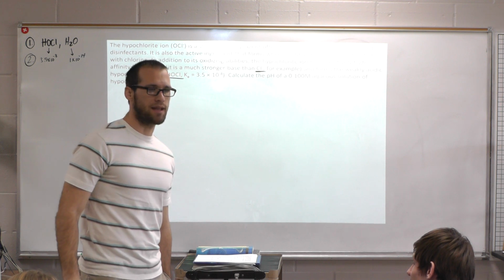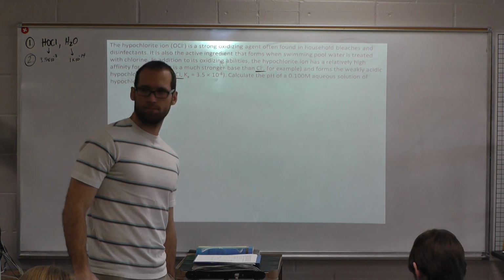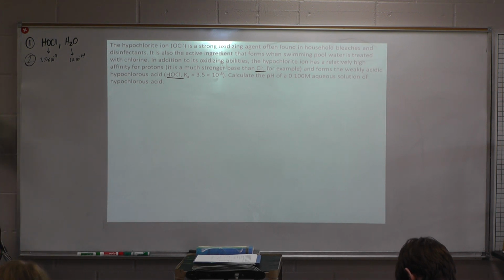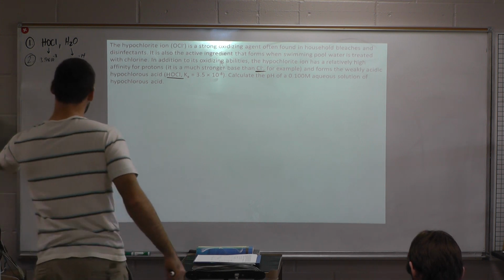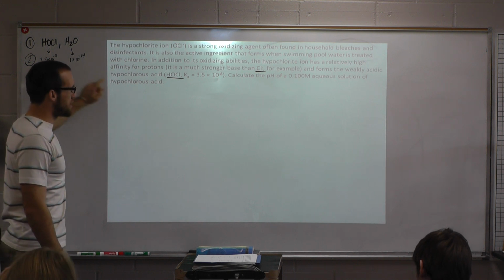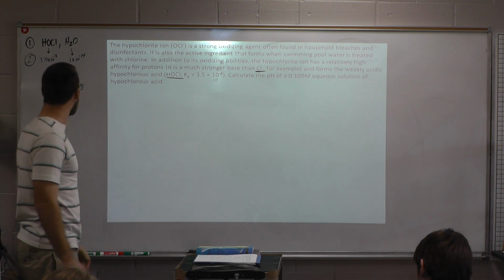Which one's going to be the dominant? Yep. How do you know? They'll have to tell you the K value. They won't give you a K value for a strong acid. You'll have to identify that by the fact that it's a strong acid. But this is a constant, right? And anytime we're doing a weak acid problem, or even a weak base problem, they should give you the K value.